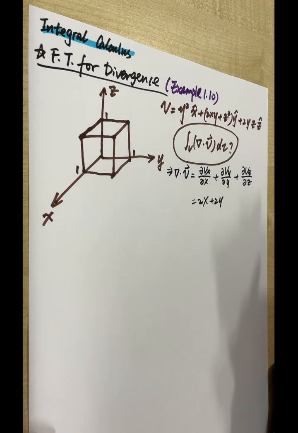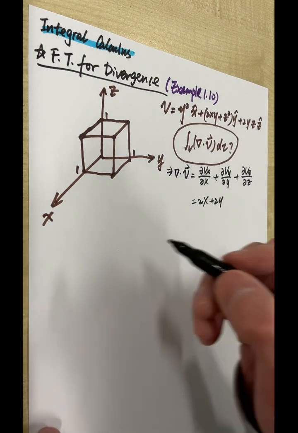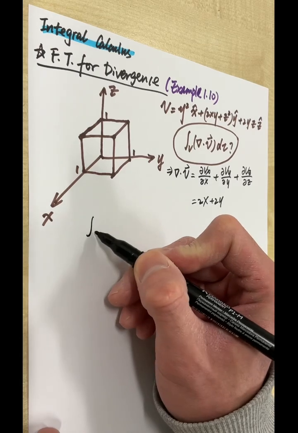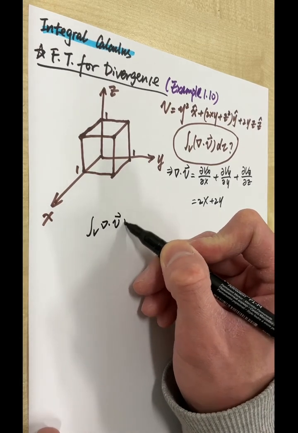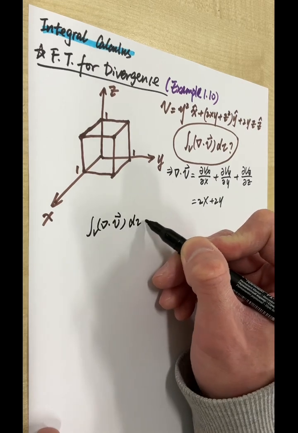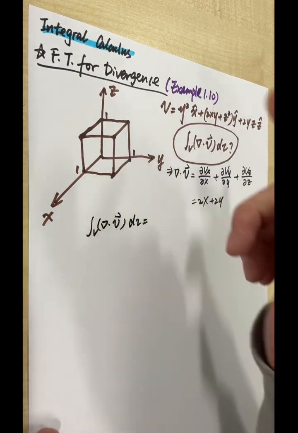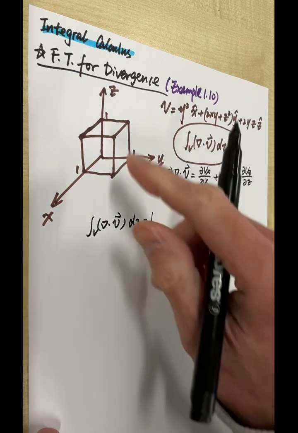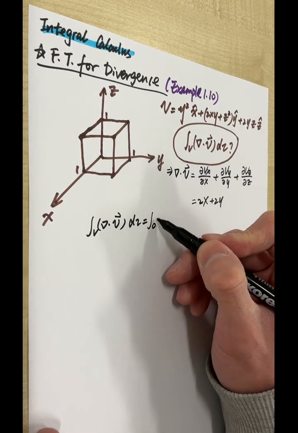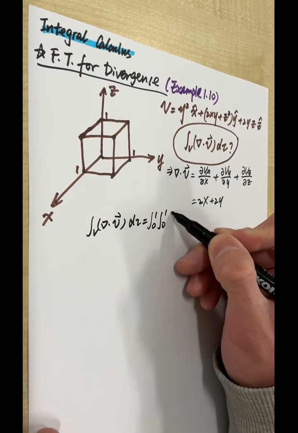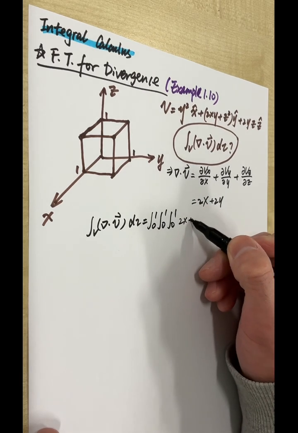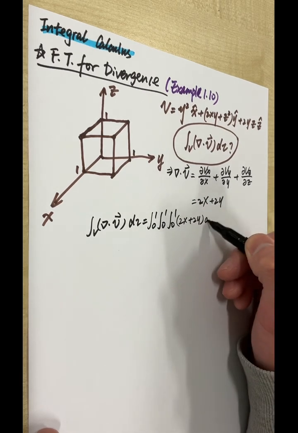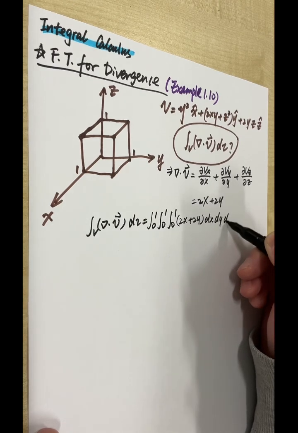Now we are ready to calculate the volume integral of the divergence dτ. For x, y, and z, we integrate them from 0 to 1, right? And this is the divergence, so we have 2x plus 2y, and then we have dx, dy, dz.